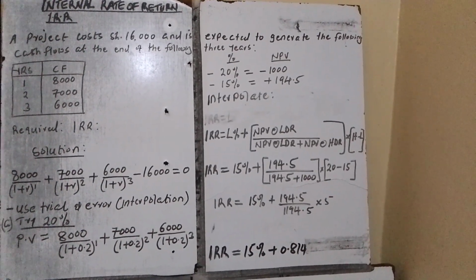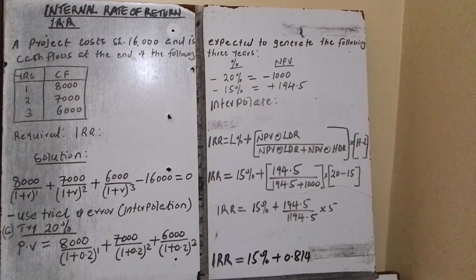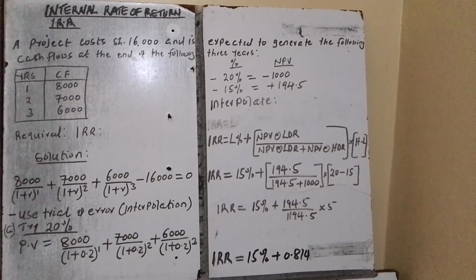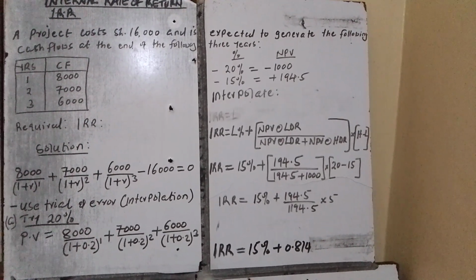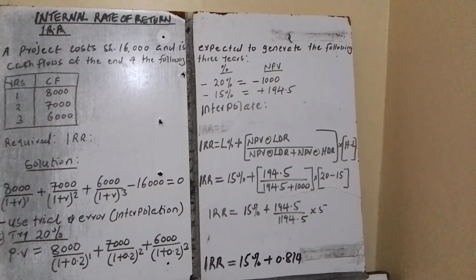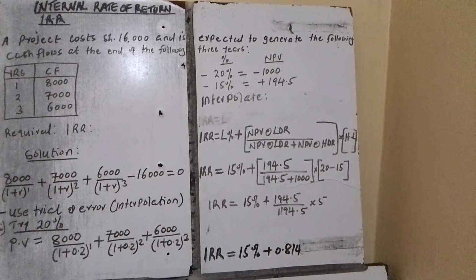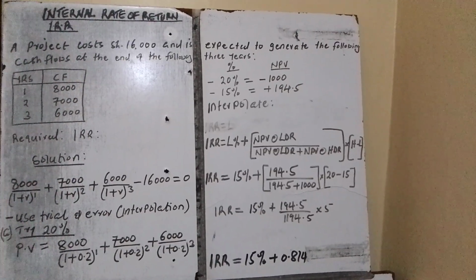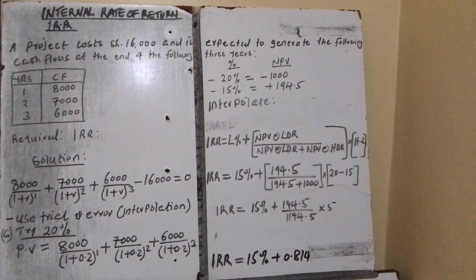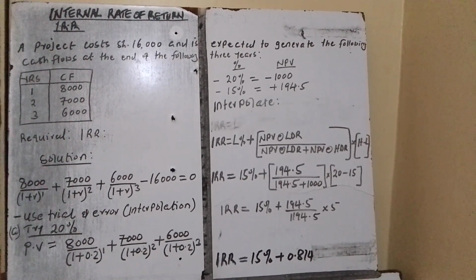The other type of discounted technique, apart from net present value, is the internal rate of return, which we are going to take right now.